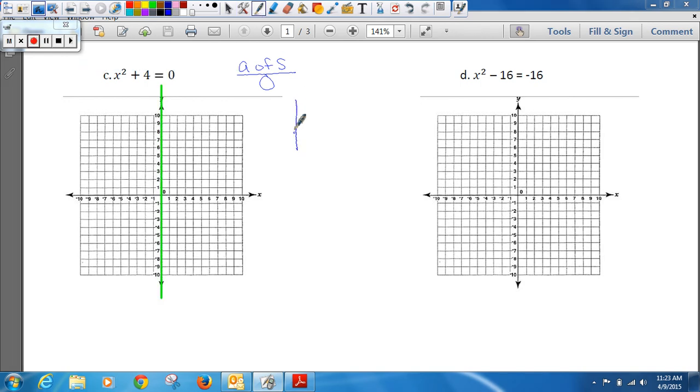My vertex is going to be on that, so the first thing I'm going to plug in is 0. 0 squared plus 4 is 4, so 0, 4 is my first point. That's my vertex. It's opening up, so that actually is the minimum or the bottom of the parabola. 1 squared is 1, 1 plus 4 is 5, so 1, 5 is my next point. And then 2 squared is 4, 4 plus 4 is 8, so 2, 8 is my next point. I go ahead and use my axis of symmetry there.